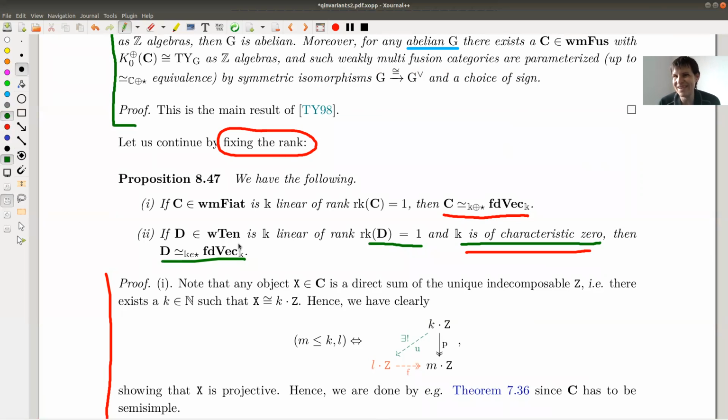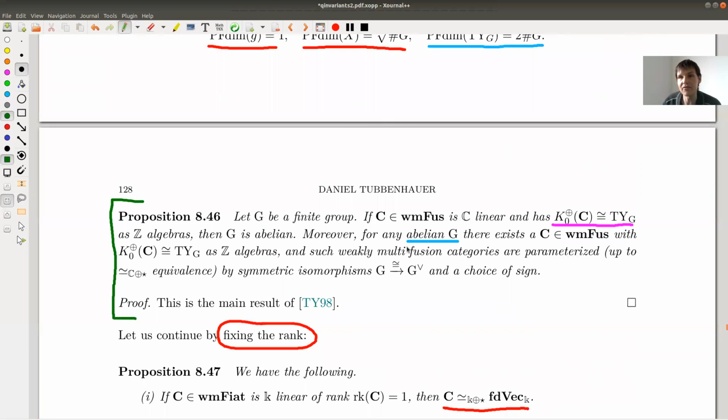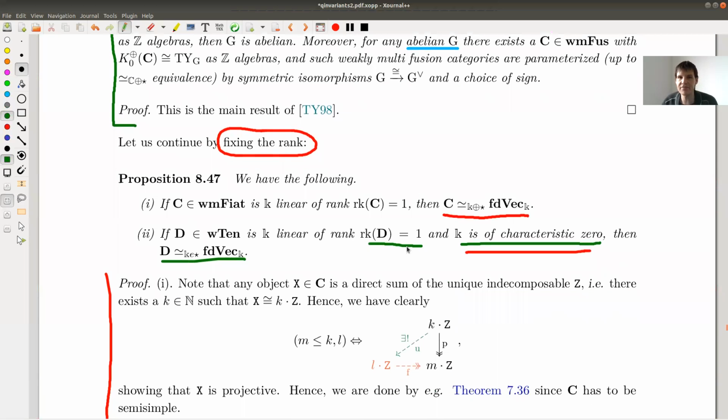If it looks a little bit like a group, like those Tambara-Yamagami fusion rings, then it also exists upstairs under the assumption of being abelian, and you can classify it by some numerical data, which is not a bad start. So everything that looks like a group downstairs also is a group upstairs. Classification by rank is much more complicated, already for rank 1, right?